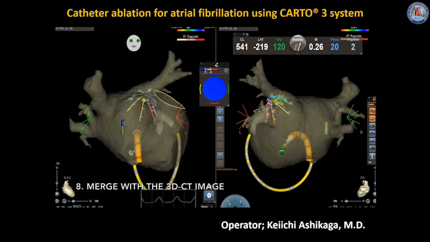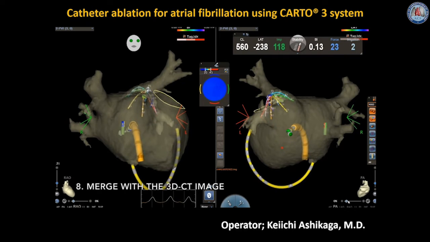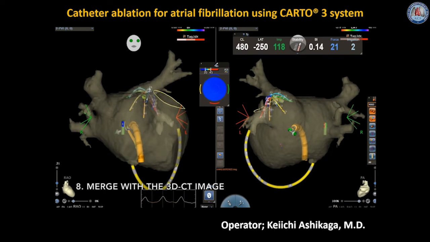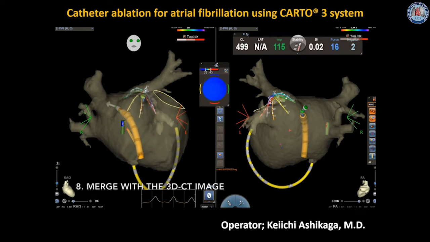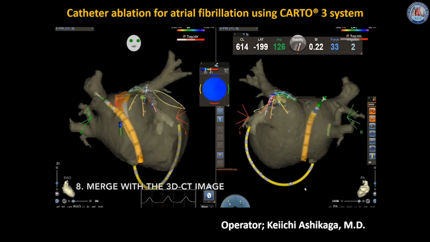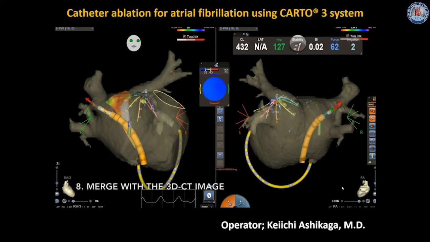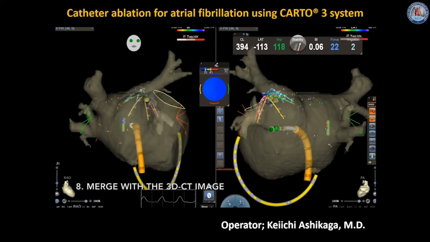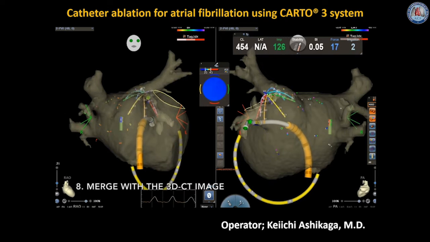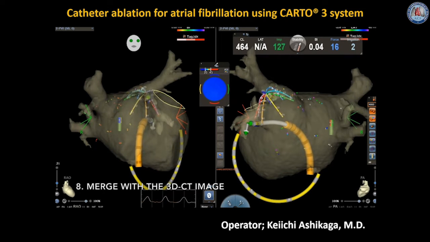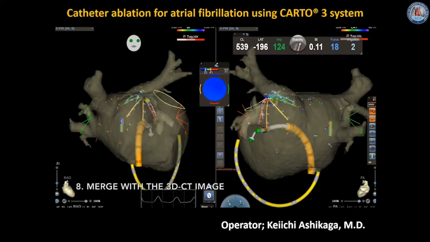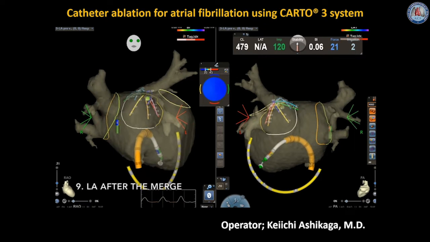Next, by using the ablation catheter, the matched images are adjusted to identify the precise position of the left atrial walls. This yellow catheter is inserted into the coronary sinus, and this colorful, unique-shaped device is a mapping catheter.